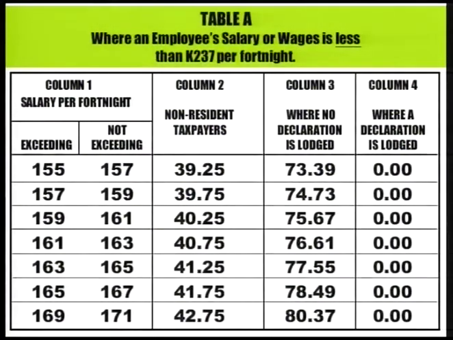First of all, there are going to be 3 columns on the paper. Column A says where an employee's salary or wages is less than 237 kina, because if you earn more than 237 kina, you pay a different rate of tax. Okay, that's column B. We'll look at it later. We'll look at column A first. So this is from 0 to 237 kina.